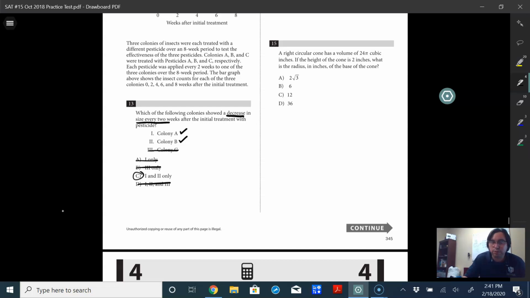All right, let's look at number 15. It says a right circular cone has a volume of 24 pi cubic inches. If the height of the cone is 2 inches, what is the radius in inches of the base of the cone? So remember, we're talking about a right circular cone.